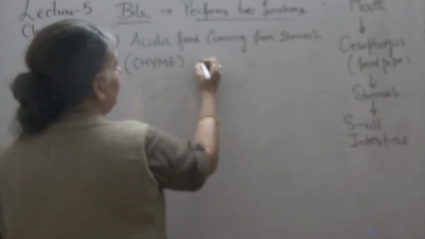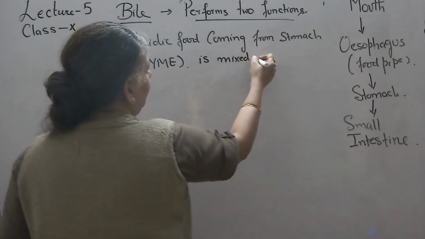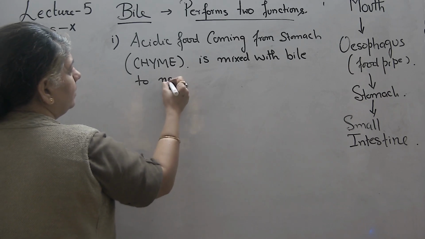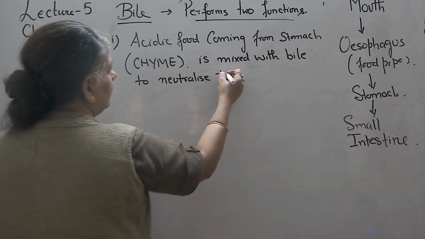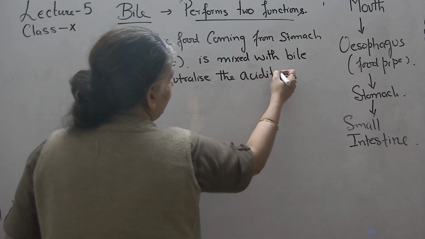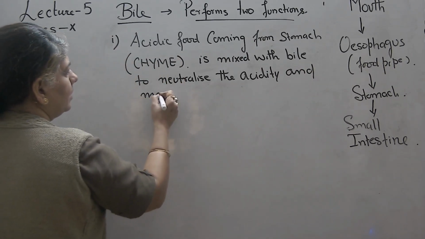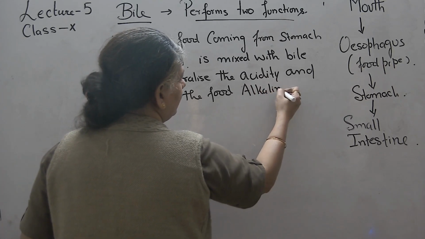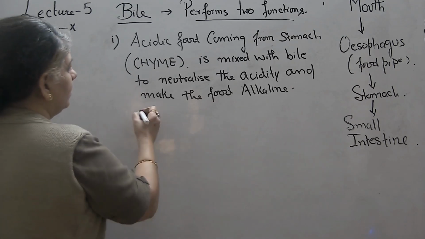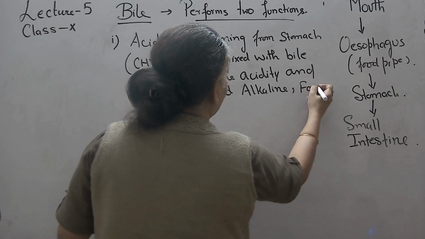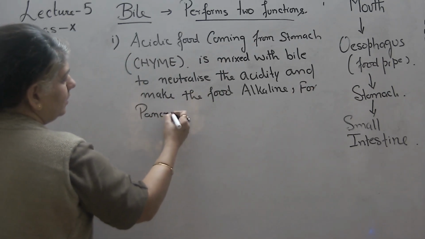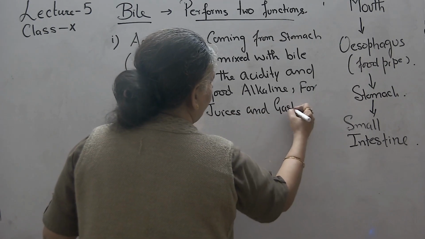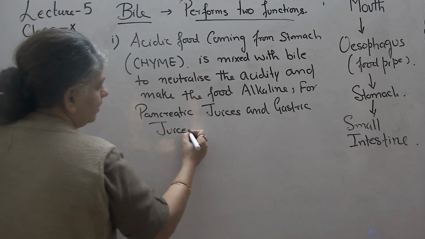So acidic food coming from stomach is mixed with bile to neutralize the acidity and make the food alkaline, for pancreatic amylase, for pancreatic juices, and gastric juices to act.